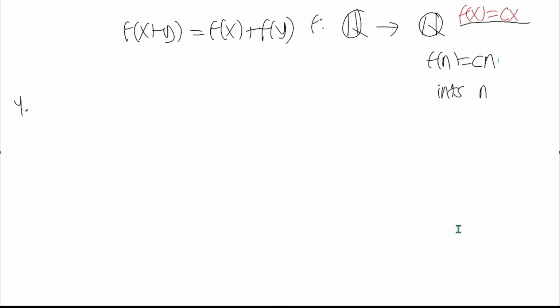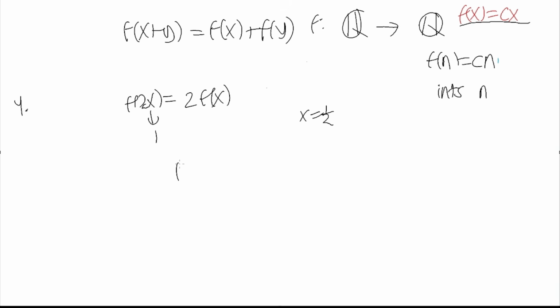So now let's go ahead and plug in some more things to see what we can do. Notice we haven't really tried y = x yet, and that's another basic thing we could try. When we do that, we get f(2x) = 2f(x). And this is already super weird, because what if this one here is equal to an integer? For example, what if 2x is 1? Then x is 1/2.